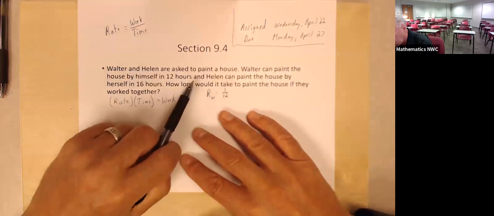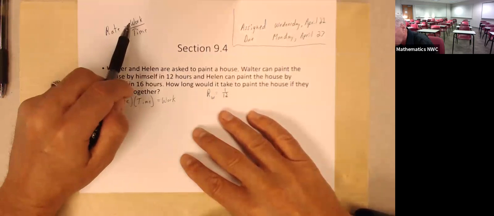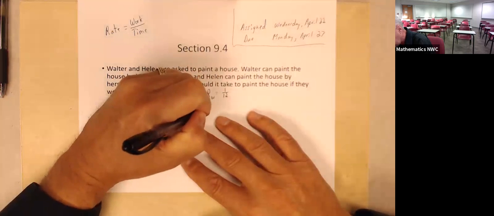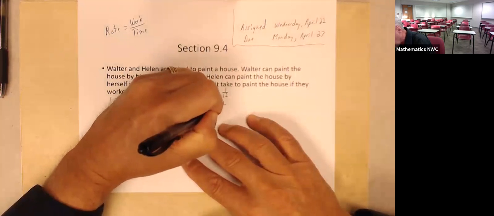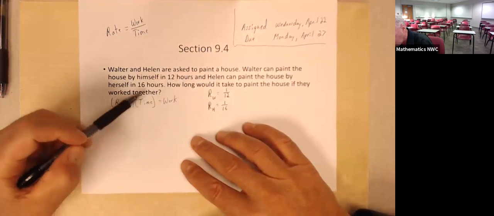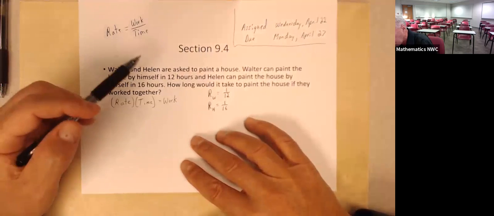Helen can paint the house by herself in 16 hours. So Helen's work would be one house in 16 hours. So the rate of Helen would be 1 over 16. Hopefully you can see this main formula adjusted to work applied to our individuals.